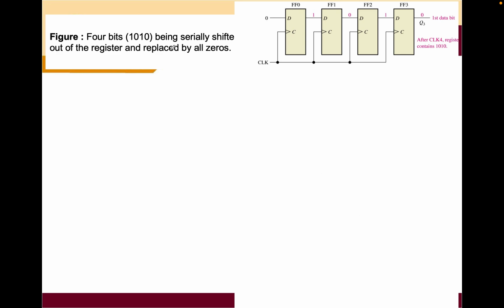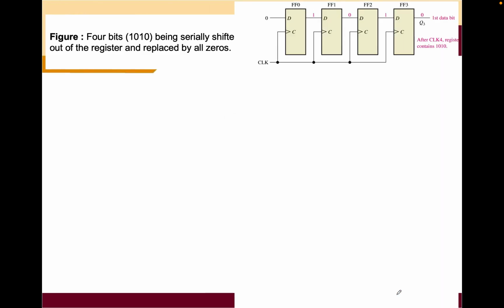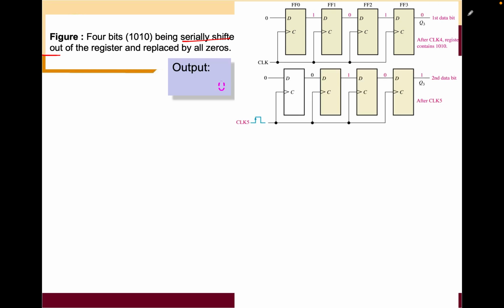Now the 4 bits begin serially shifting out of the register and are replaced by 0 after you already shifted in, right? This is the process of storing in. Now there is another scenario, which is you're going to shift out. Shift in, shift out. So you're going to shift it out.